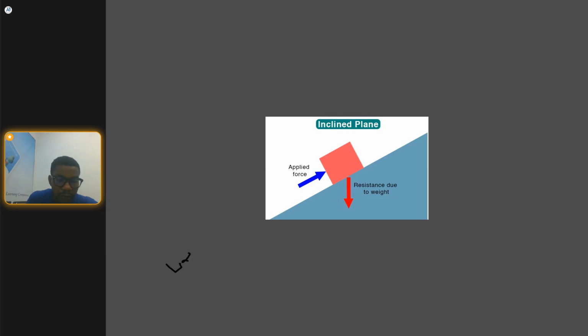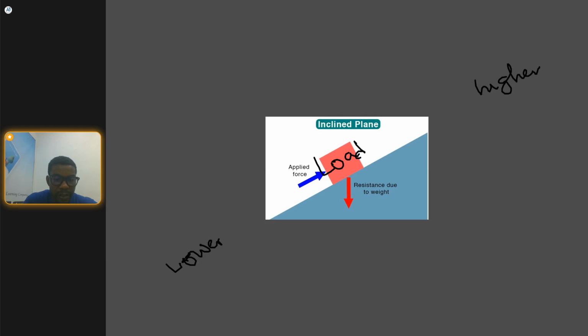This is the lower level. From the lower level to the higher level, that was what we said. And this is the load. So force is needed to be applied to push this load to the higher level.